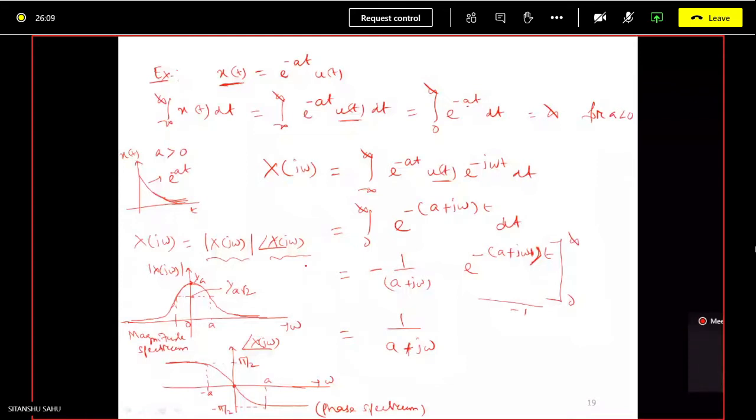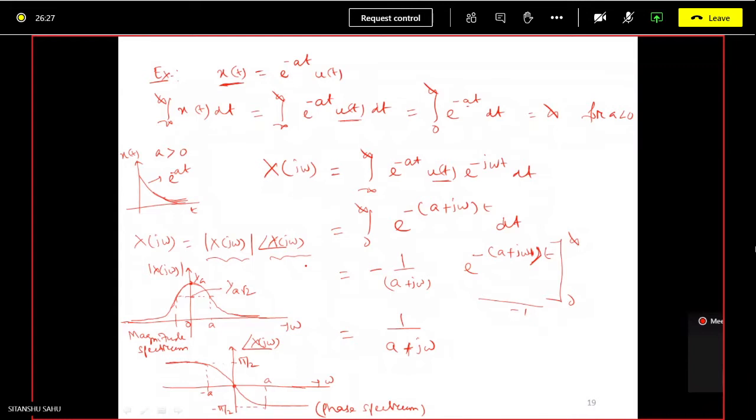Fourier transform is the most important and most widely used Fourier representation of any kind of signal, because most natural signals are continuous and non-periodic in nature.